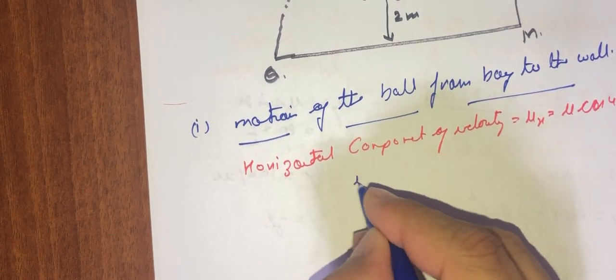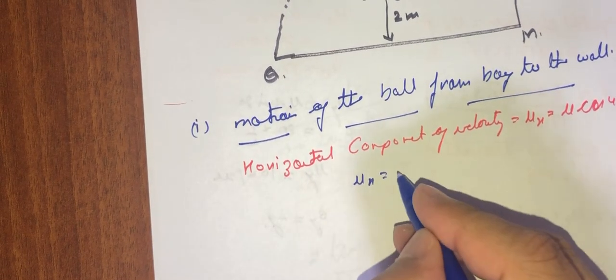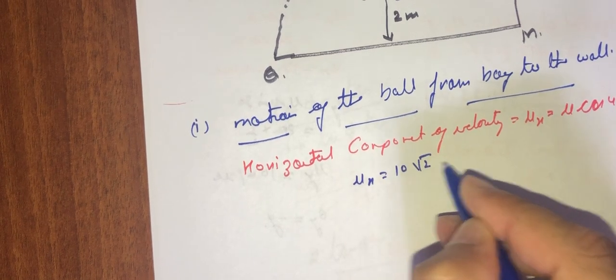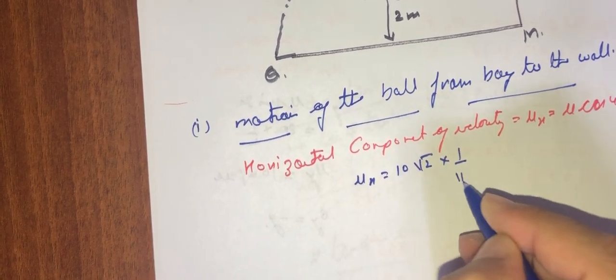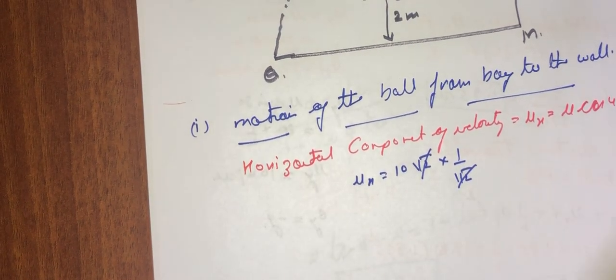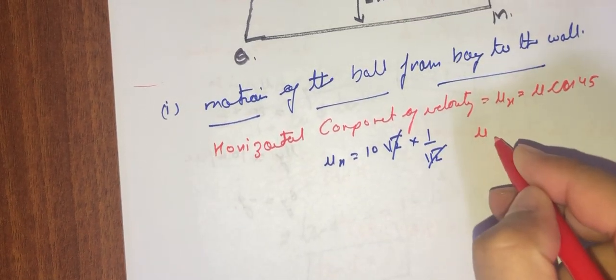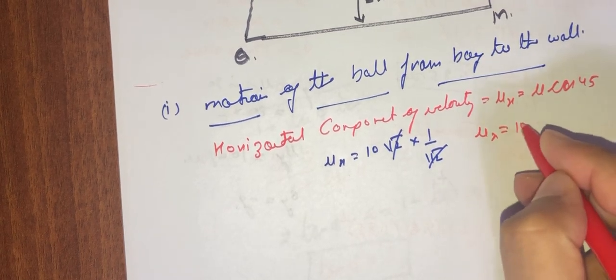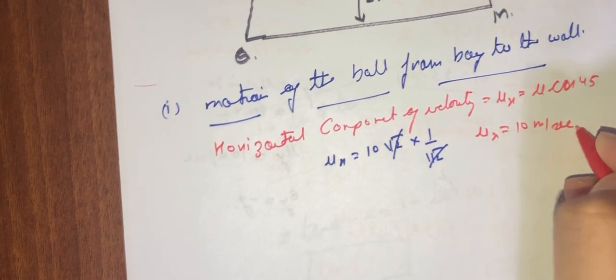So we can see that u is given as 10 root 2, cos 45 is 1 by root 2. So root 2 cancels out. We get the horizontal component, that ux will be equal to 10 meter per second.